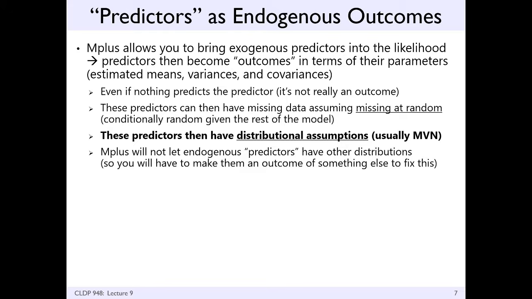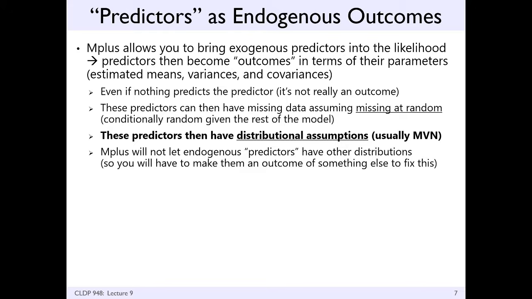Multinomial. Yeah, there's some kind of distribution that goes with the likelihood function. So in order to stick a predictor in there, you're saying it has that distribution too. So if I have a 2-category grouping variable that I forgot to measure for some people, and I want to put that in my likelihood, I would assume that that 2-category variable is multivariate normally distributed. Not so much.